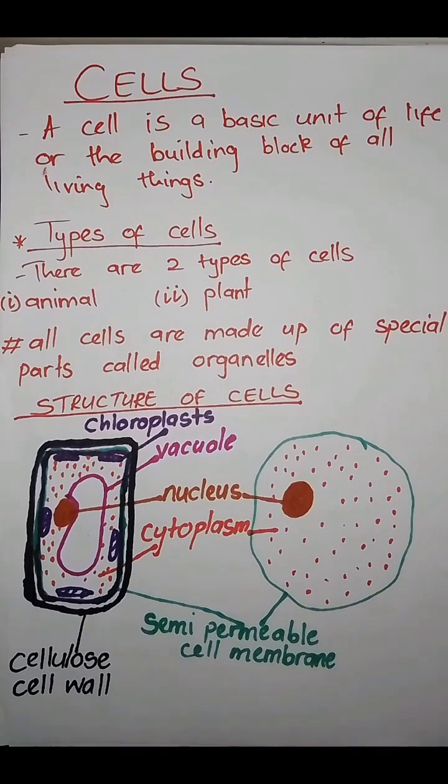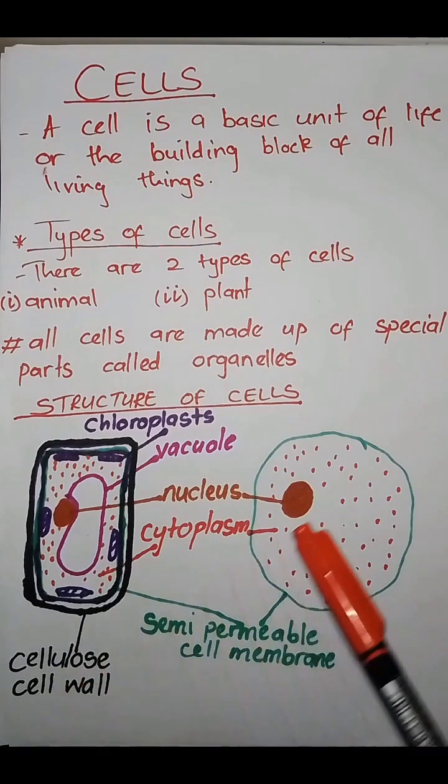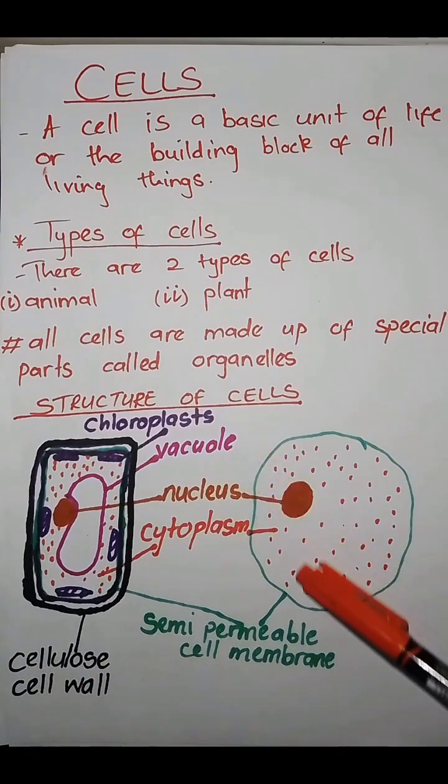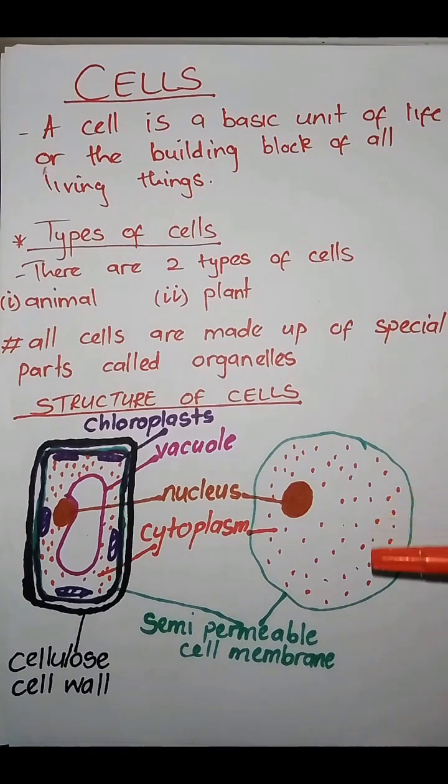So organelles are these parts that I have labeled here. These are the special parts which make up each and every cell, be it an animal cell or a plant cell. So now let's start by looking at the animal cell.